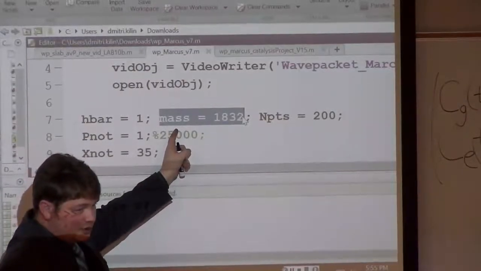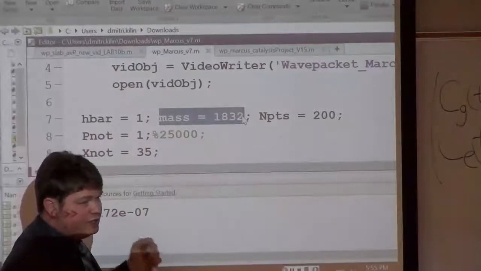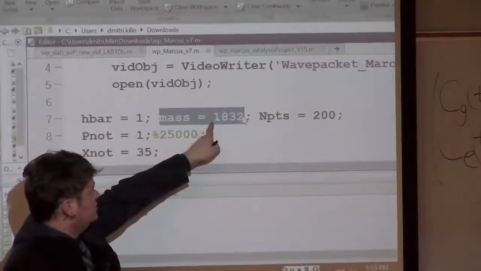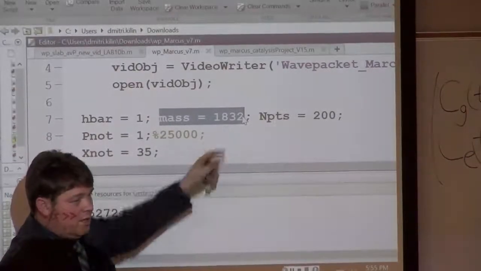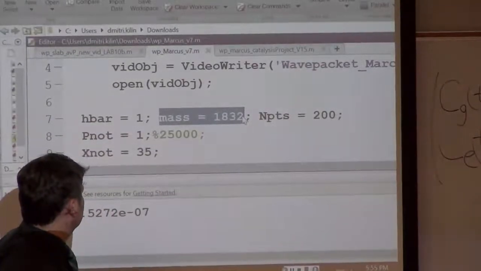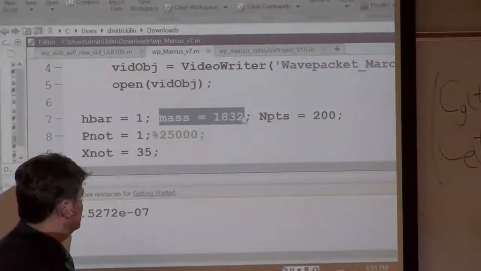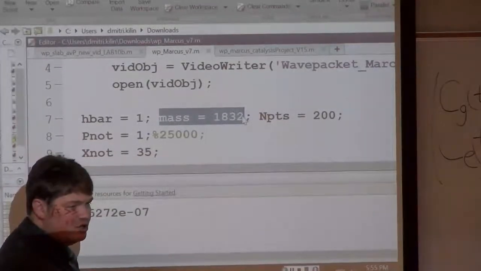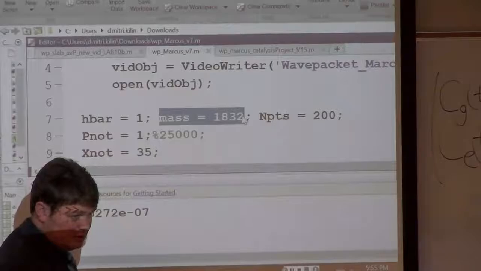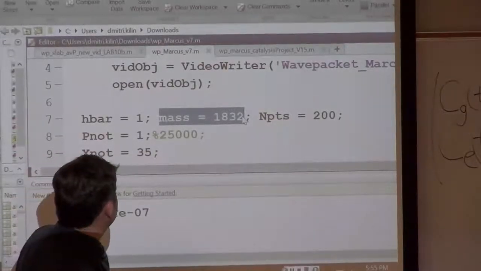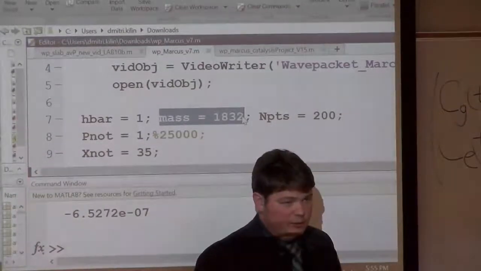But here we are talking about nuclei. Even the lightest nucleus, the proton, is 2000 times heavier. And if we are looking at very high inertia, very heavy objects compared to electrons, the time scale is much different.